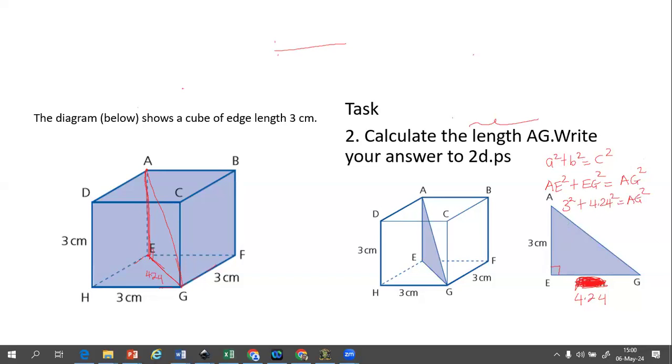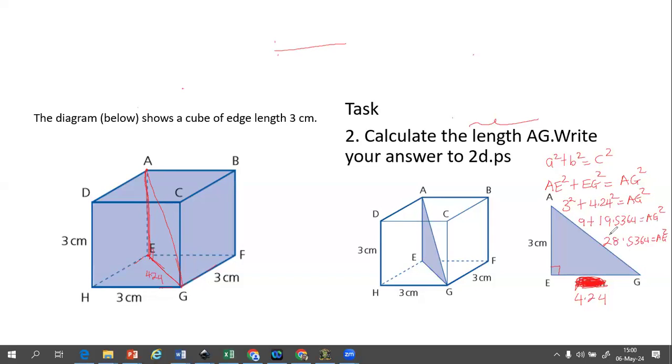Then please use your calculator. You don't round off on the calculator because every step counts. So this is 9 plus 4.24 squared. I'm getting 19.5364 is equal to AG squared. Then when you add the two, you end up with 28.5364 is equal to AG squared.